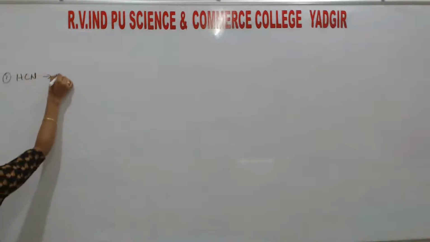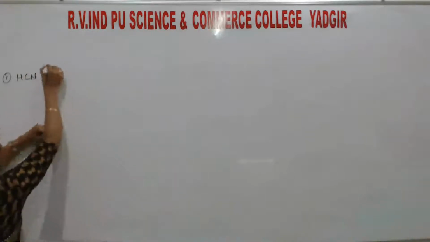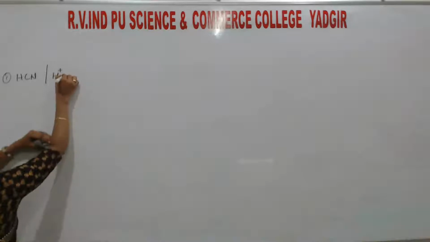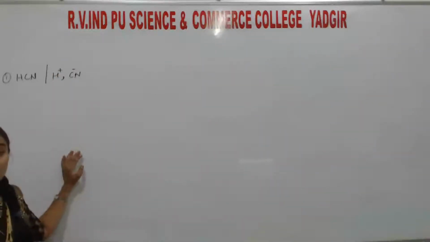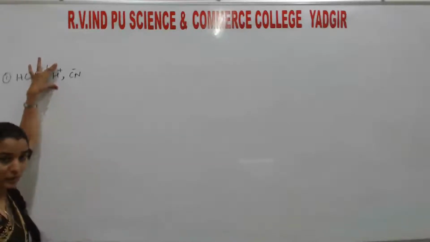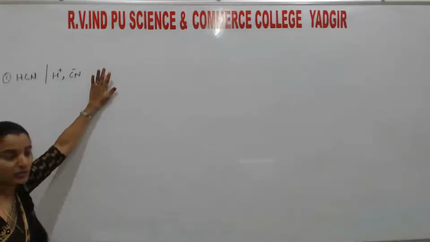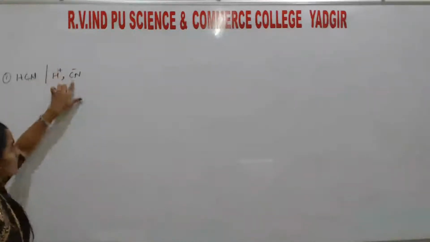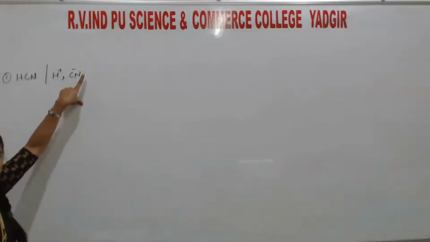In that, what is the nucleophile? Nucleophile means H plus and CN minus. Remember this, I am not dissociating them. I am just writing one which is positive in charge, one which is negative in charge. In HCN, H plus is there, CN is minus.